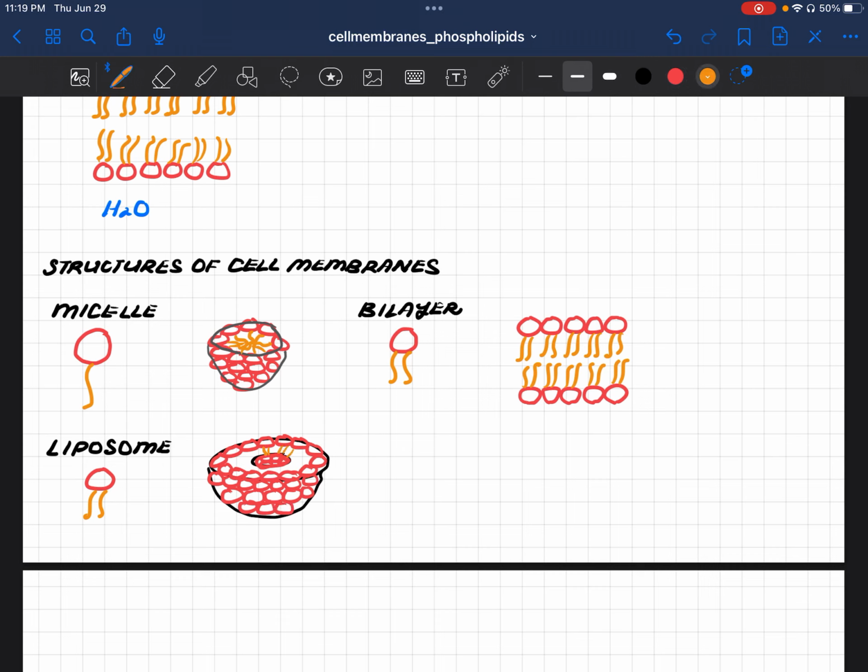And then the fatty acid tails just arranging into the center. So in a liposome structure, it's kind of like a lipid bilayer structure, except there's a hollow region in here, while in the micelle structure, there isn't that.